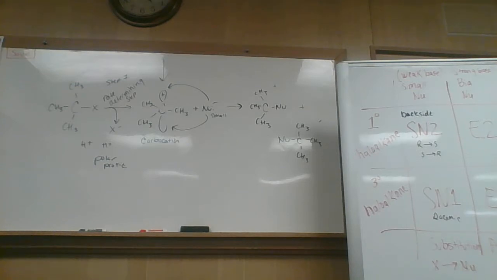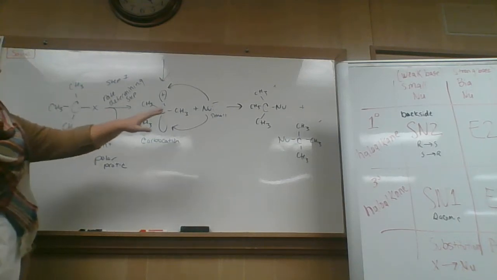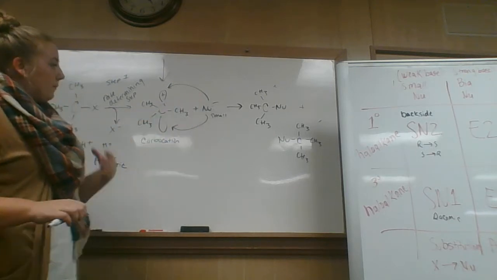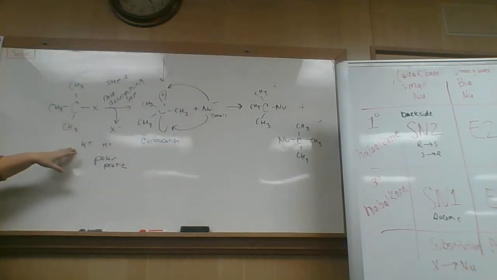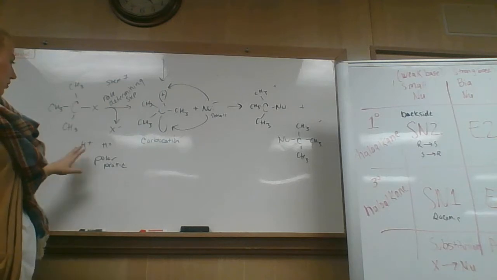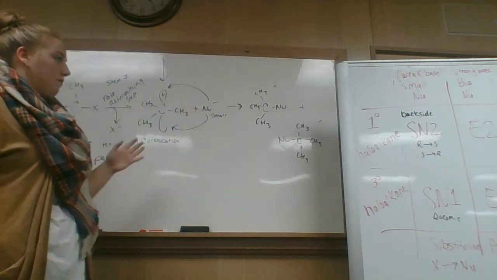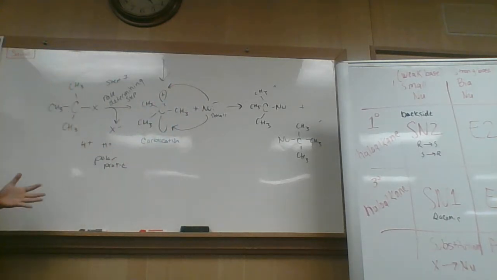But another way to think of it that helps me remember it: when we were talking about SN2 reactions, we were really concerned with these H+ ions tying up our nucleophile. If that were to happen in this reaction, if the protons were tying up this nucleophile, we really wouldn't have to worry about it because the concentration of the nucleophile doesn't affect the reaction rate.